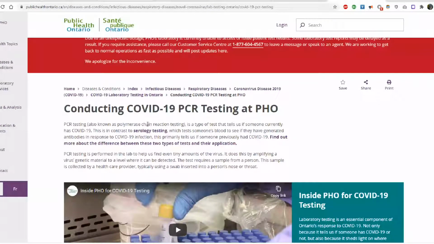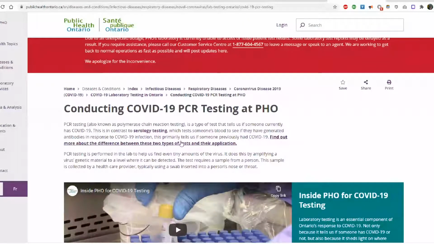PCR testing, also known as polymerase chain reaction testing, is a type of test that tells us if somebody currently has COVID-19. No, it tells you if you currently have SARS-CoV-2 infection. This is in contrast with serology testing, which tests someone's blood to see if they have generated antibodies in response to COVID-19 infection.